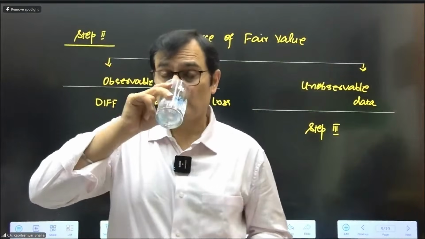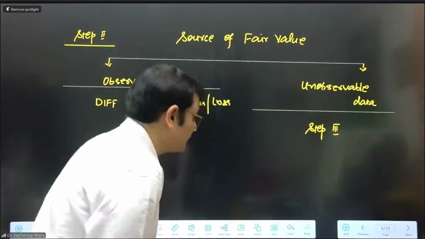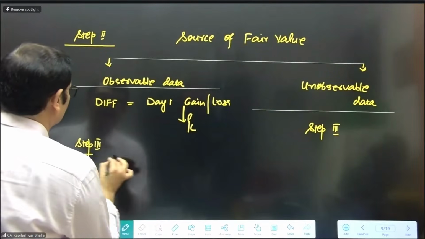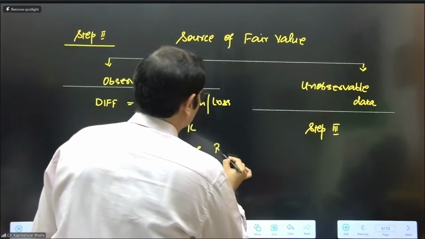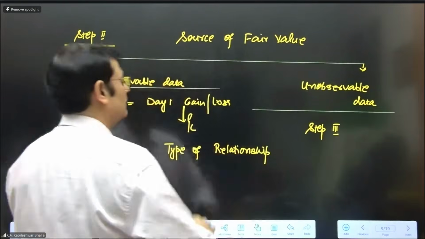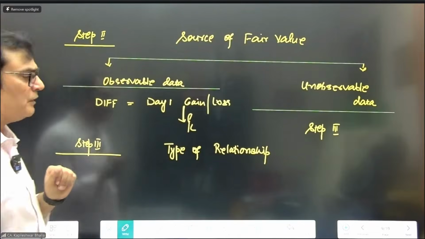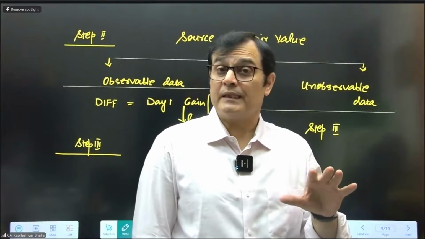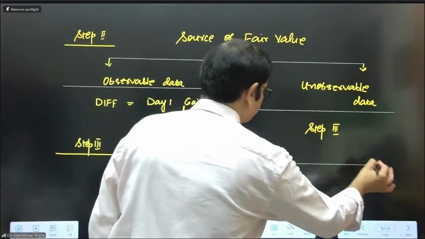Though, as I mentioned even in the regular sessions, this is not a comprehensive list of relationships, but generally based on the questions, you're going to see 3 kinds of relationship in terms of deciding how the difference is to be treated. So we can divide this into 3 parts.